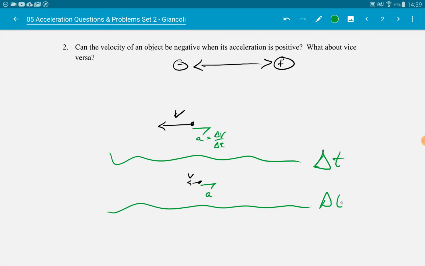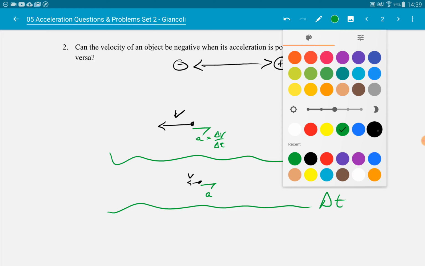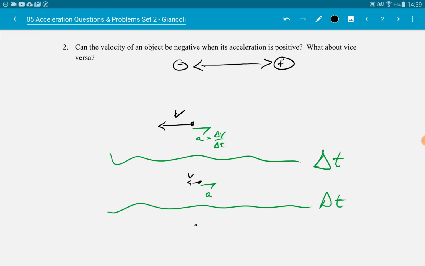Even more time passing on, and maybe it was so much time that it even stopped moving, went beyond stop moving, and actually is now moving in the other direction, assuming that this thing was accelerating the whole time to the right-hand side. So yeah, it totally can.